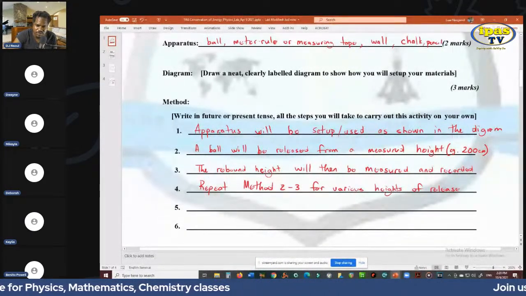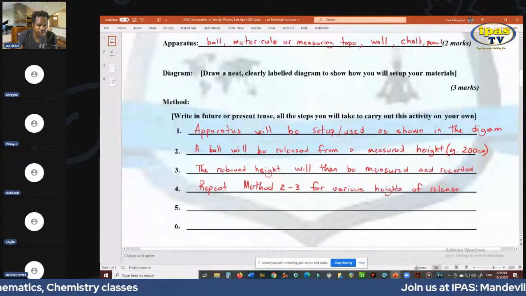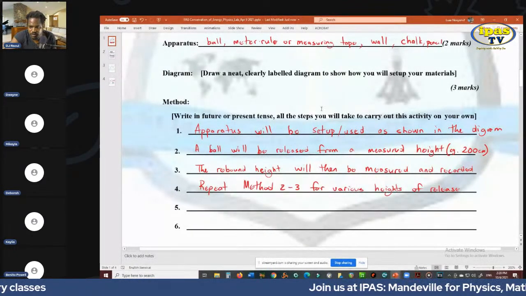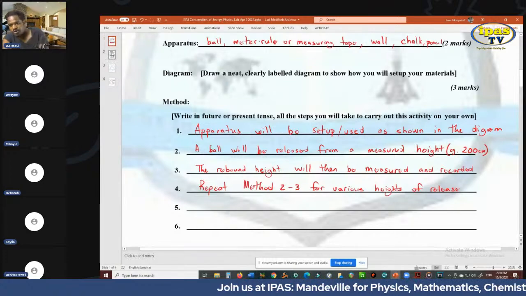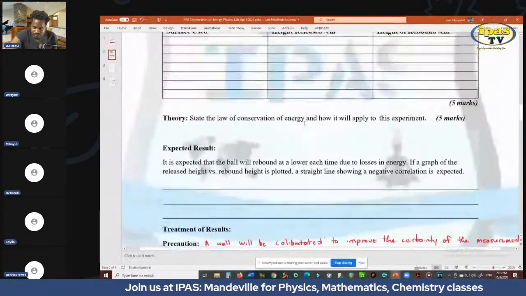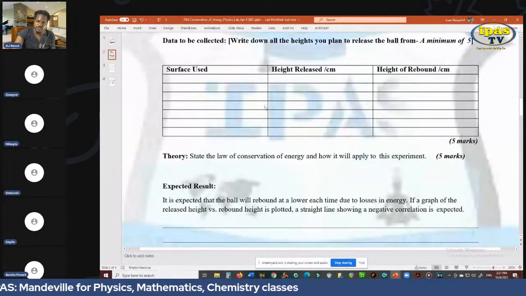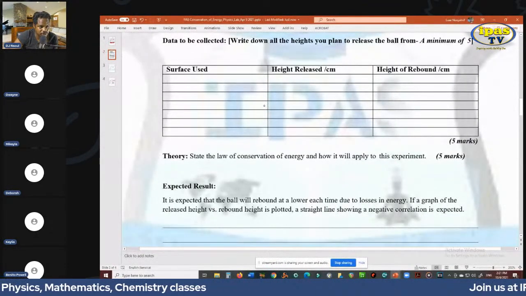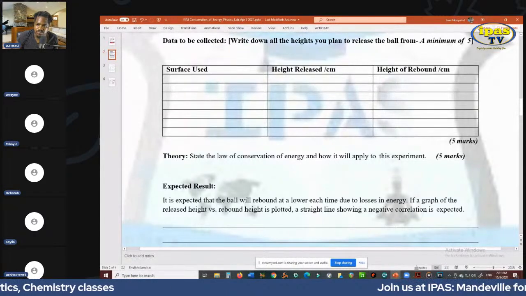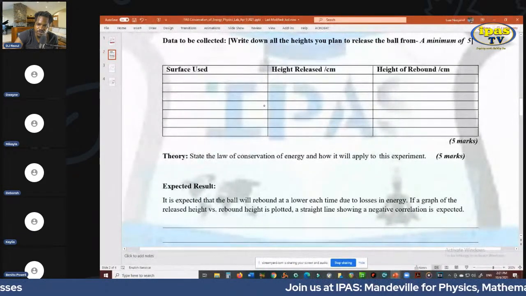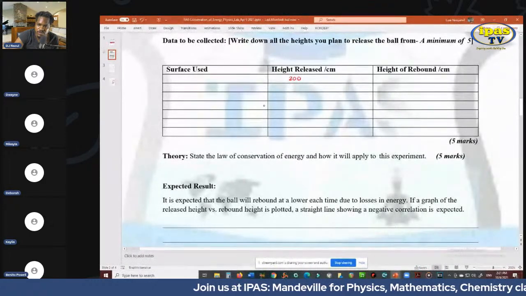The results will be in a table. Of course, when you're doing these types of experiments, you're going to use a table, and it would look something like this. This table is just a suggestion; you could draw your own. For argument's sake, let's say you use 200 centimeters.